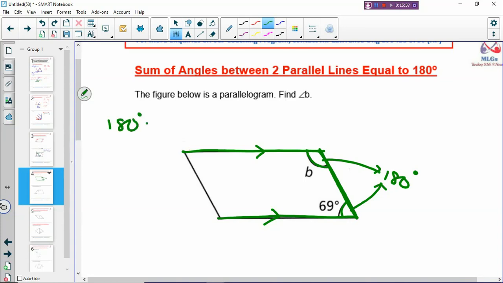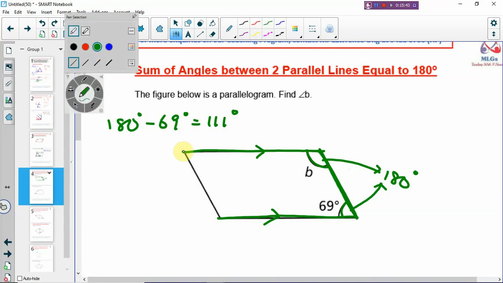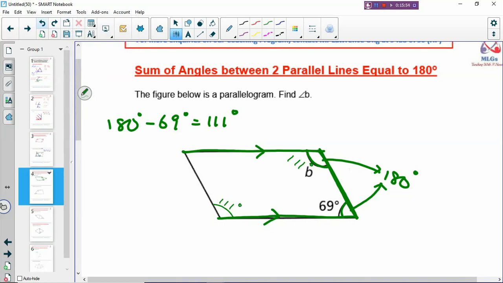It will be 180 minus 69, and you will get 111 degrees. Opposite angles in a parallelogram are the same, so the opposite angle here will be 111, and the angle here will be opposite to 69.